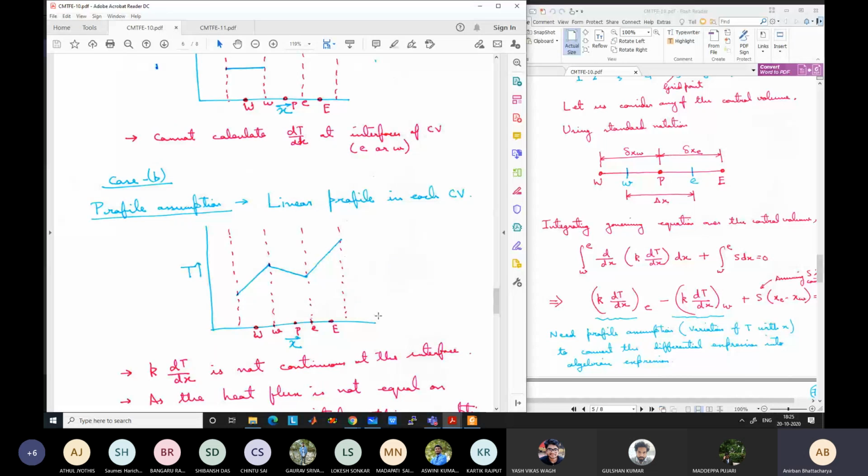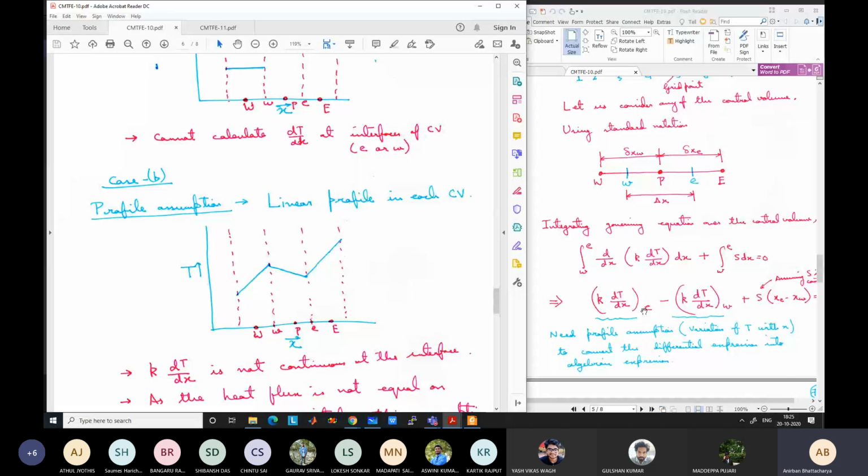When you calculate these heat fluxes at the east and west sides, you can easily calculate them, because you have the profile assumption that the temperature varies linearly like this. So you know the slope for the pth control volume, you know the slope at this point from the left direction. So you will be able to calculate k dT/dx at east for the pth control volume, and similarly at west for the pth control volume, and we will get some equation.